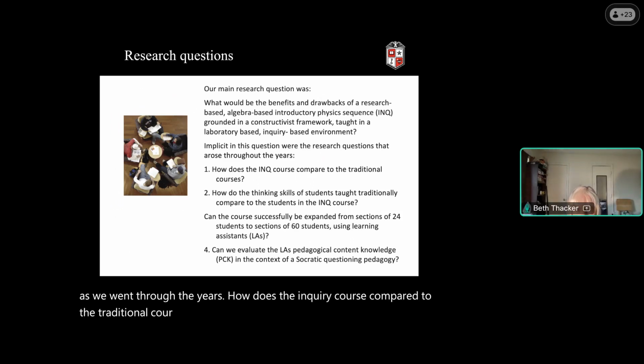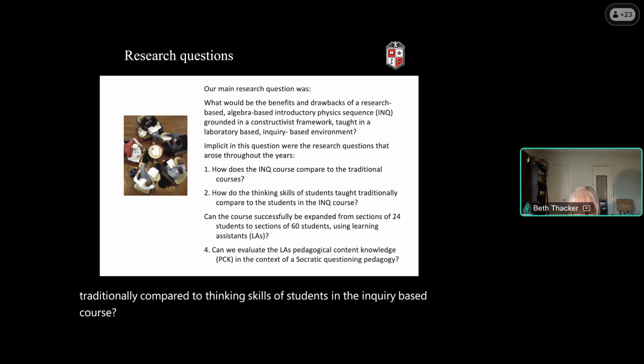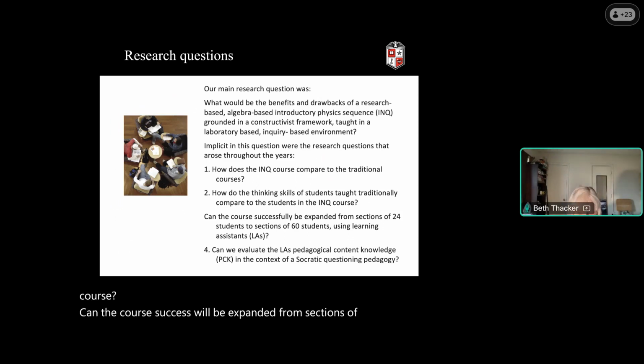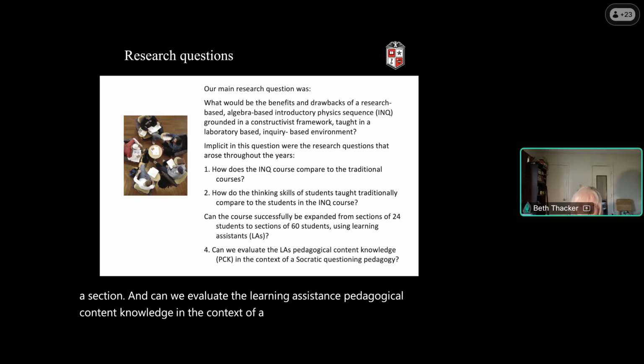How do the thinking skills of students taught traditionally compare to thinking skills of students in the inquiry-based course? Can the course successfully be expanded from sections of 24 to sections of 60? So we started with 24 students and now we're up to 60 students in a section. And can we evaluate the learning assistant's pedagogical content knowledge in the context of a Socratic questioning pedagogy? So these developed over the years.